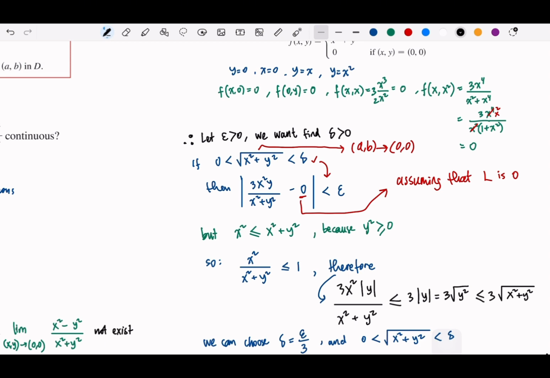This way you will find our epsilon. And our epsilon is free multiplied by the square root.